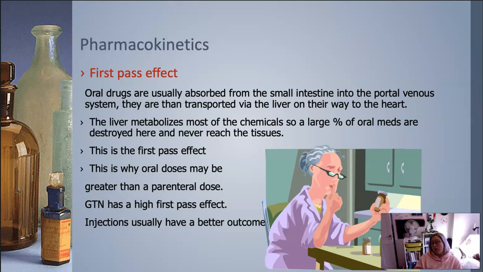However, the 1 gram given through the IV doesn't undergo the first pass effect. So 100% of that medication can have an effect upon the cells. Whereas if 60% of the orally taken paracetamol is metabolized, the patient is only ever experiencing the pain-killing effect of 40% of it when taken orally.